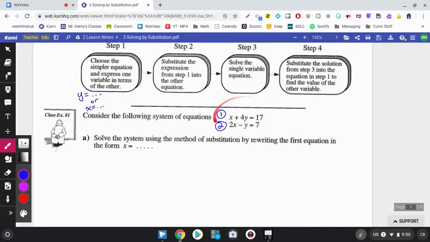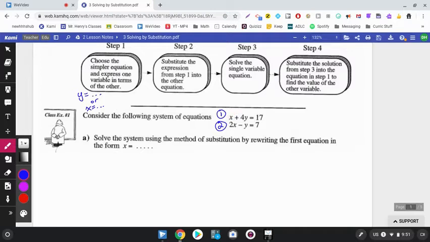Between these two equations, could I easily get one of them to be x equals or y equals? There are easier ways and harder ways, and we'll see that in a couple of examples. Here it says take the first equation and rearrange it to x equals.